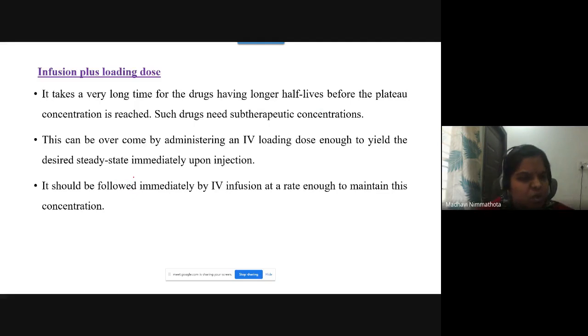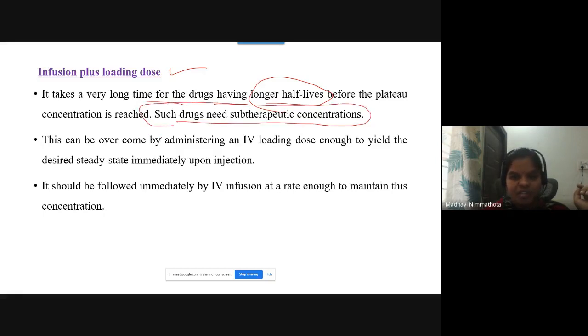And one more small topic you have, IV plus loading dose, infusion plus loading dose. It takes a very long time for drugs having a long half-life to reach the plateau. Such drugs need a subtherapeutic concentration. See, this is the plateau we get from IV infusion, right?